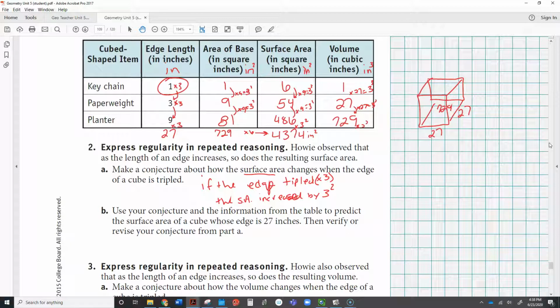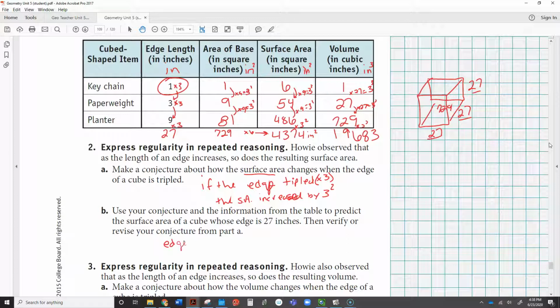So 729 times 3 raised to the third power is going to give you 19,683. And again, we could figure that out if we just said 27 times 27 times 27. 27 raised to the third power is 19,683.